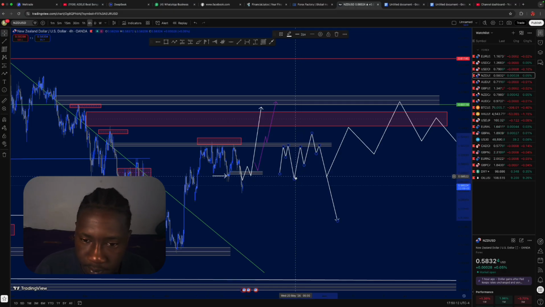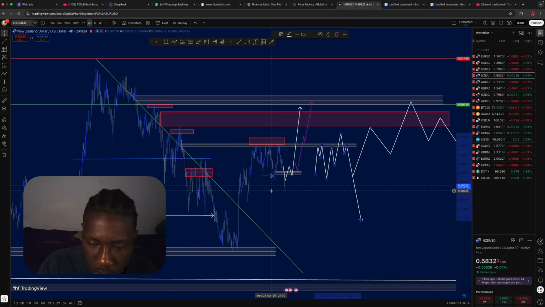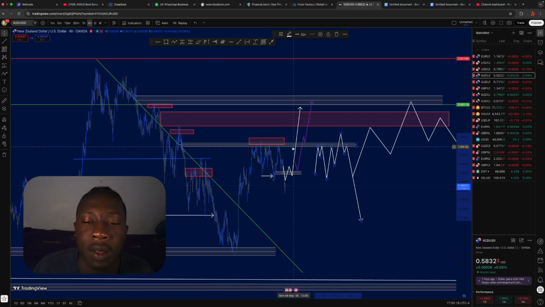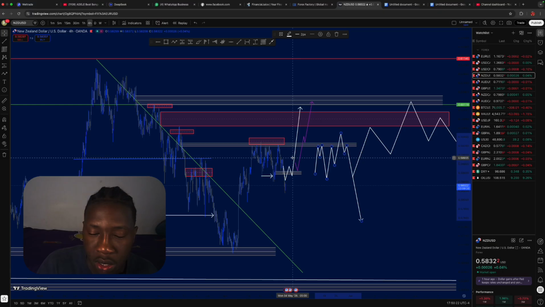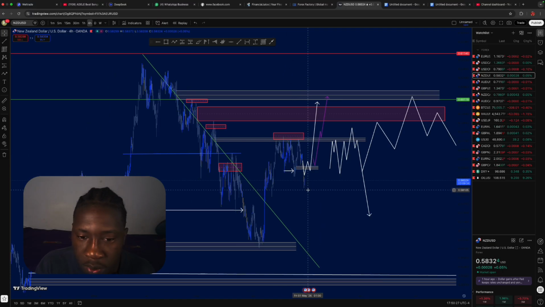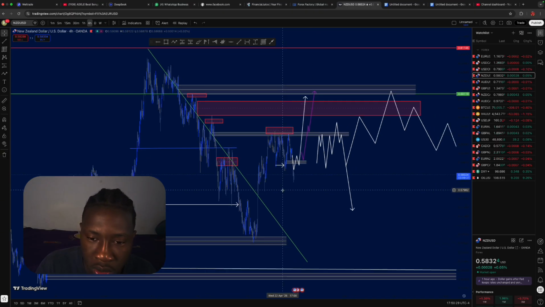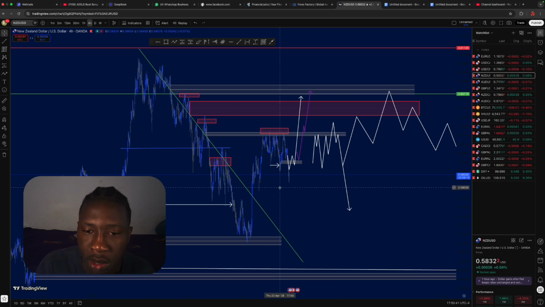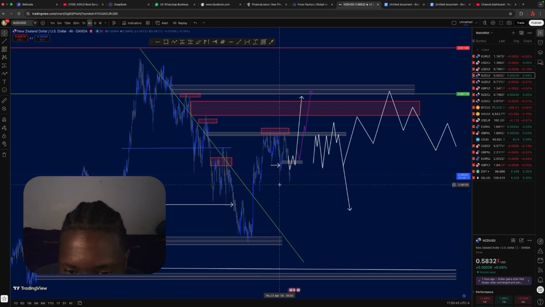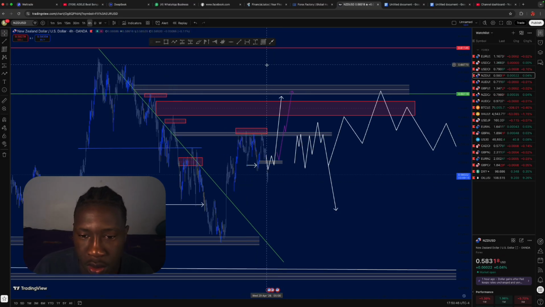So we need to see a pullback, and then I will take a trade on the retest, or on the second retest to the downside movement, so that we can continue the market to the downside, not like equal highs like this.